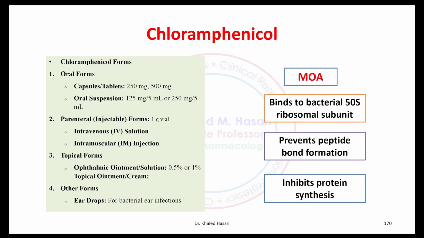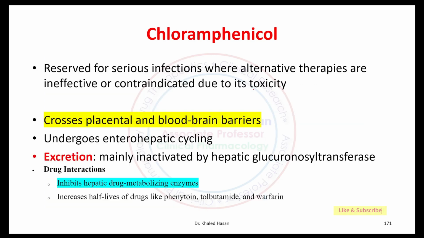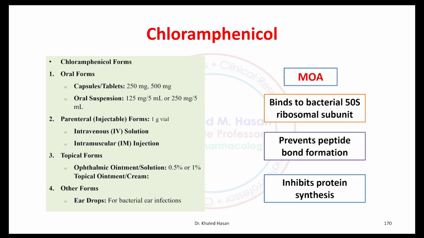Okay, so the question now, what is the mechanism of action of chloramphenicol? As you can see in this chart, first of all, chloramphenicol binds to the 50S ribosomal subunit, and this will prevent peptide bond formation, and the end result will be inhibition of protein synthesis.